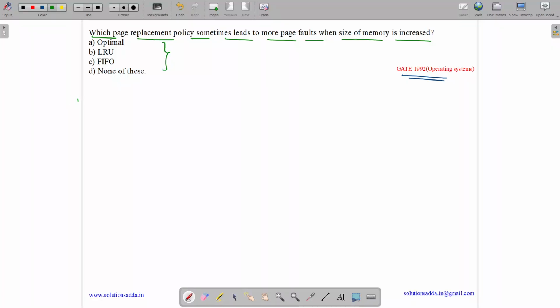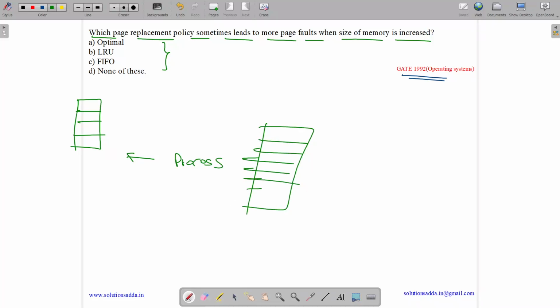So we have certain main memory frames reserved for a particular process. A process can have many pages. This is the virtual memory, but our main memory has only a few frames fixed for that process. Let us suppose this has only 4 frames.